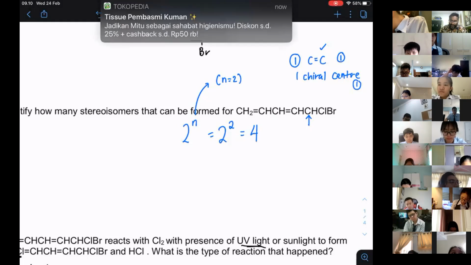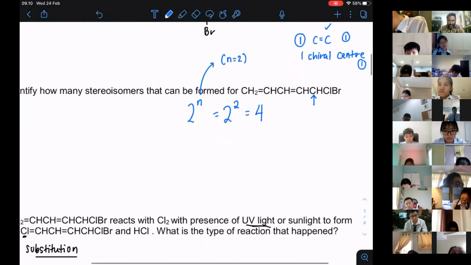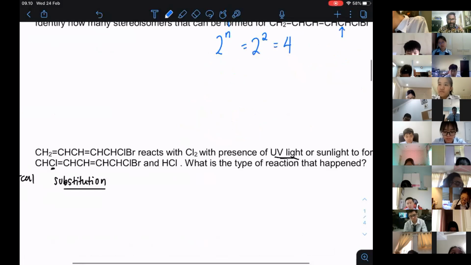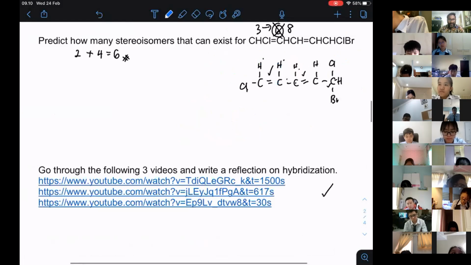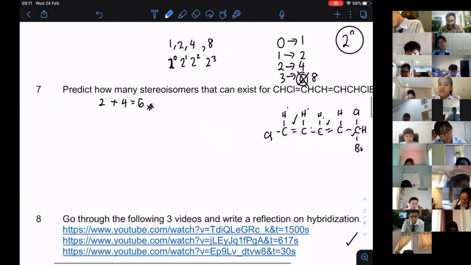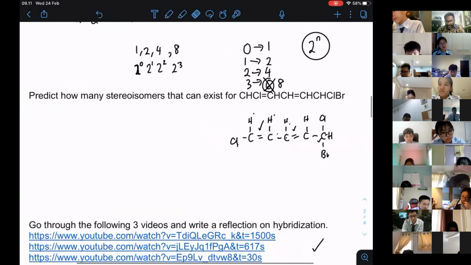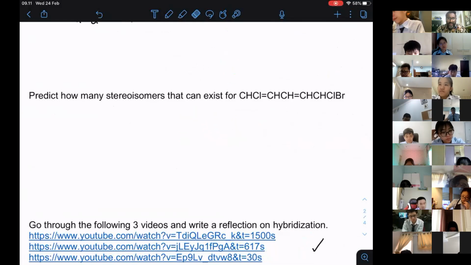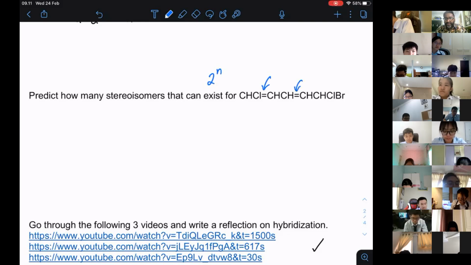Why is the working different? Because we predicted in the previous lesson that this is going to be 6, but the answer is not 6. I'll show you why. When we use the formula 2 to the power of n, you see that this double bond can give rise to cis and trans, this double bond can give rise to cis and trans, and we also know that this carbon over here is a chiral center.